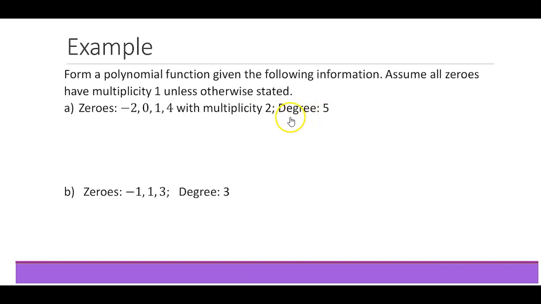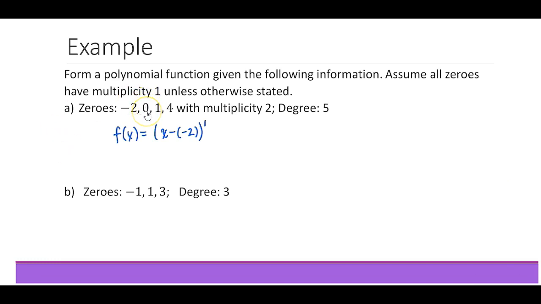And this has to be a degree 5 polynomial. So what we're going to do is start out by saying f of x is equal to, well, if -2 is a 0, then x minus -2 is a factor. And we assume it's to the first power because all multiplicities are 1 unless otherwise stated.